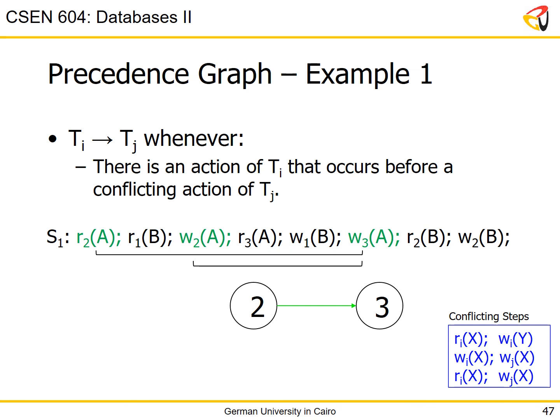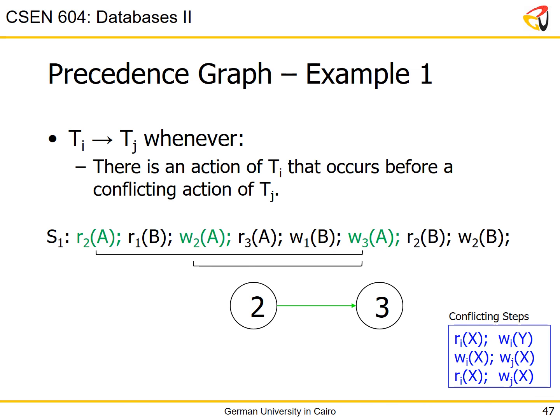Or in other words, to be more accurate, we're talking about being equivalent to some serial schedule where 2 comes and then 3 is executed after it. This looks like it is conflict equivalent to one of those where 2 comes before 3.